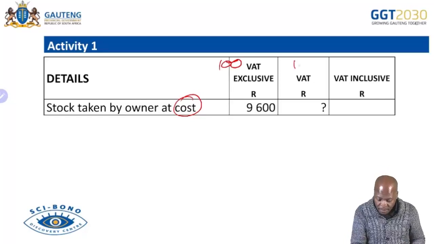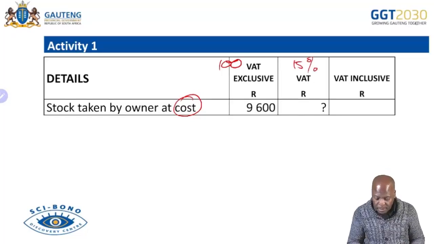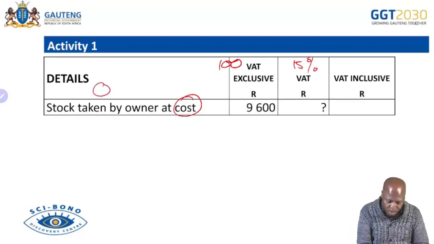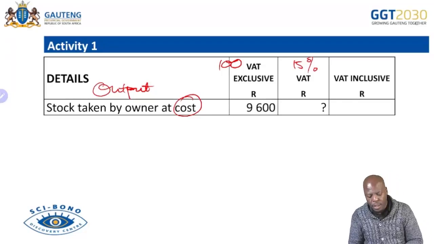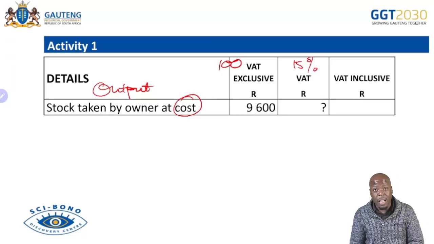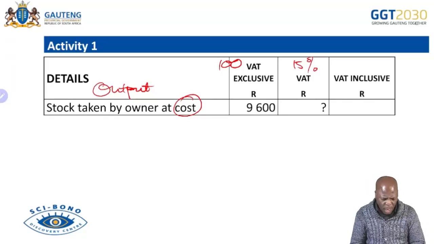And my VAT is 15%. When stock is taken by the owner, remember we spoke about drawings earlier on. It increases your VAT payable to SARS. So it is your output.